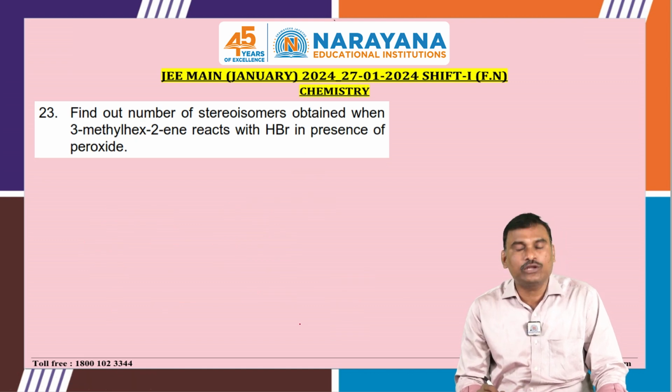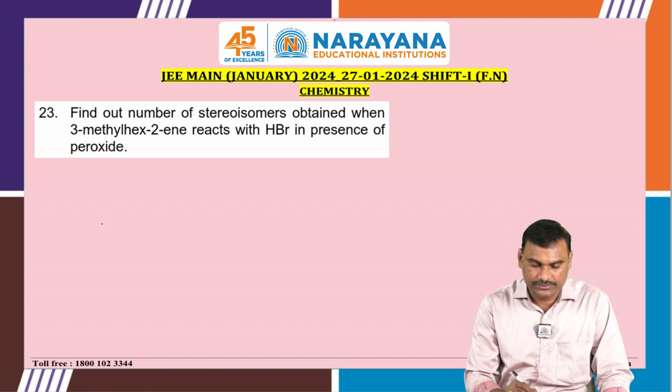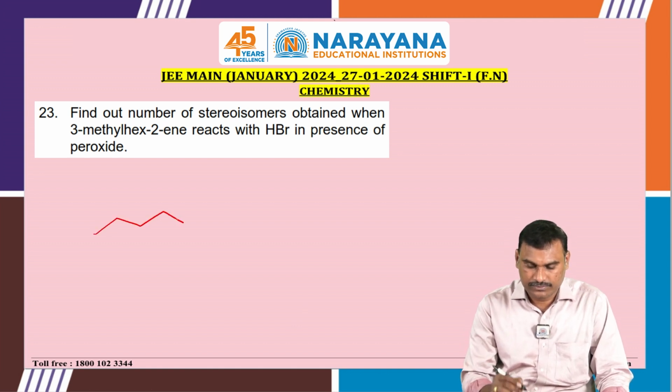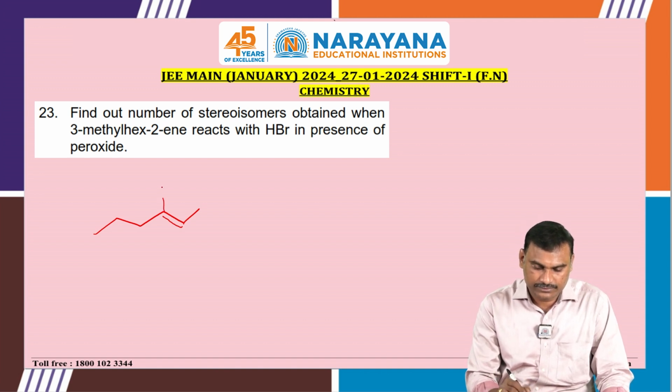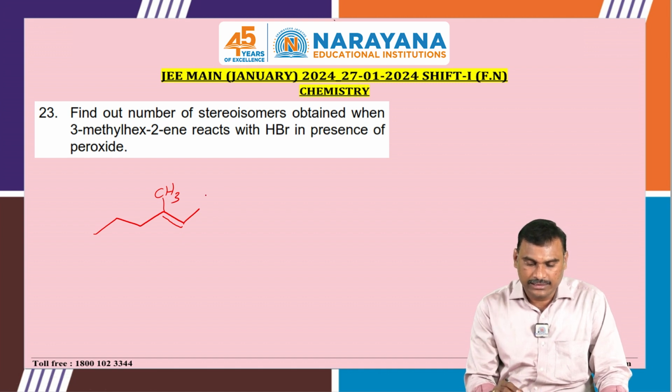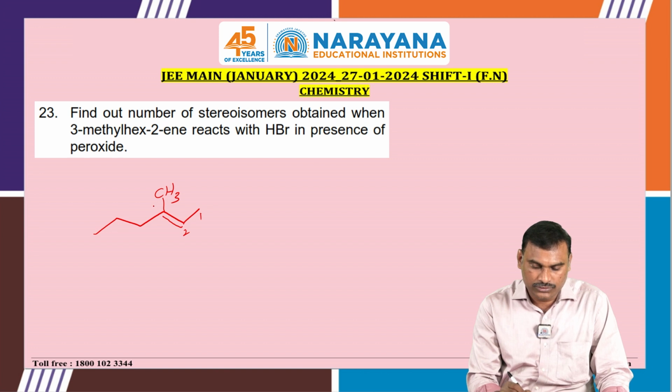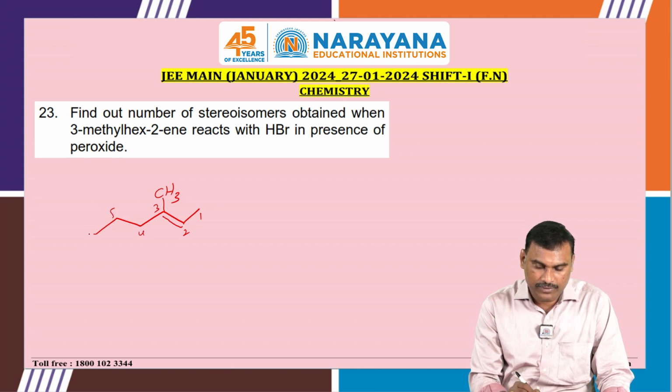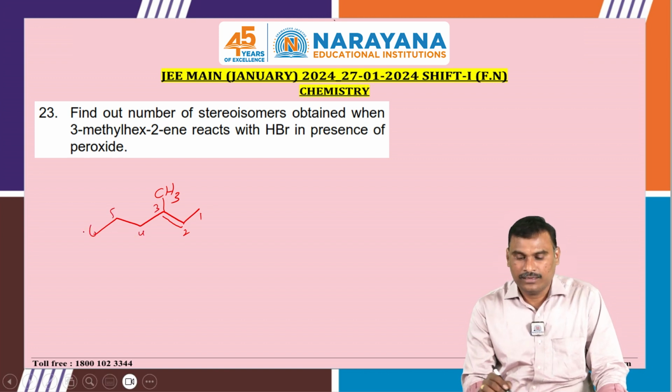Find out the number of stereoisomers obtained when 3-methyl-hex-2-ene reacts with HBr in the presence of peroxide. Let us see, student. 3-methyl-hex-2-ene: 1, 2, 3, 4, 5, 6 carbons, with the double bond at 2 and the methyl at 3.